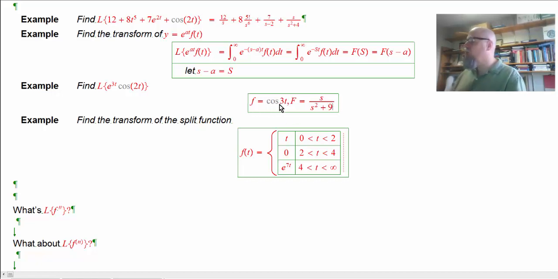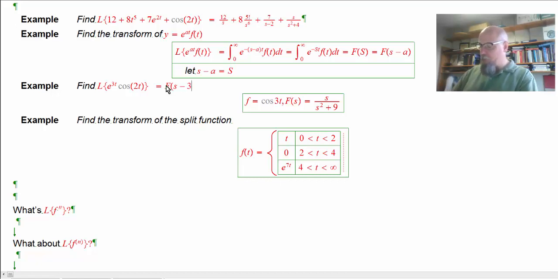So if little f of t was cos 3t, then big F of s would be s over s squared plus 9. But because I've got the e to the 3t multiplied by it, I want that big F at s minus a.